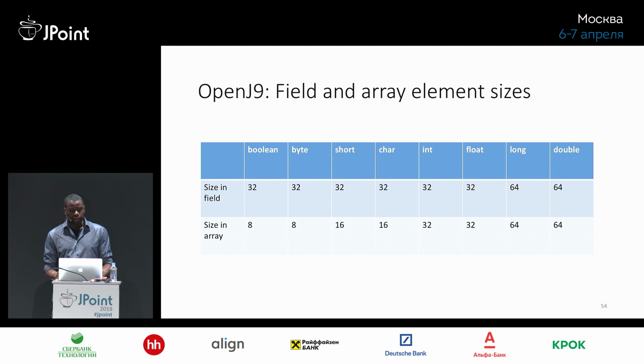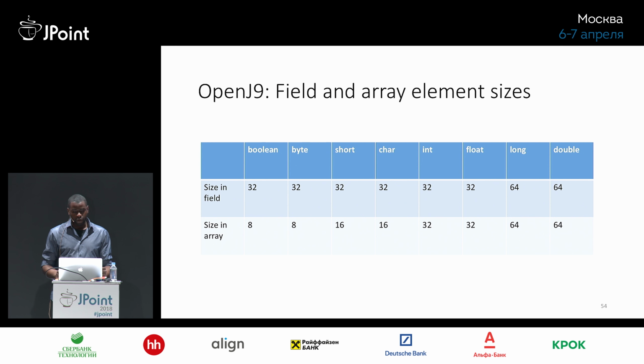However, in a field, anything that's 32 bits or smaller is 32. So this is basically a trade-off. We could pack fields in instances, but that means that if you have a small field followed by a large field, then you have potential for misalignment. So this is a decision that basically trades footprint for performance.